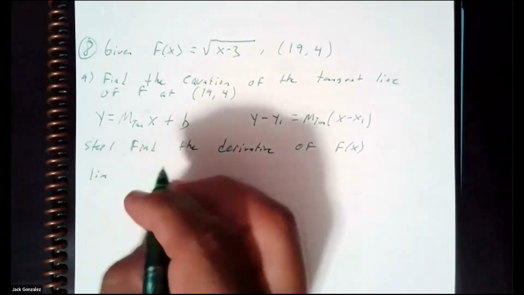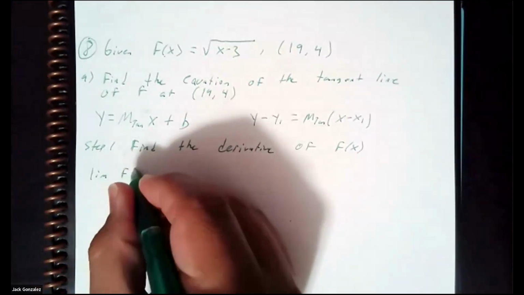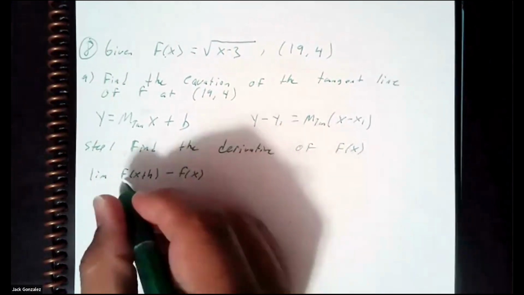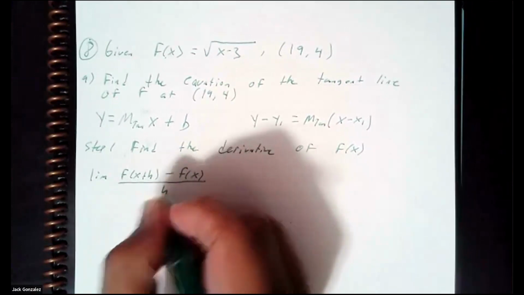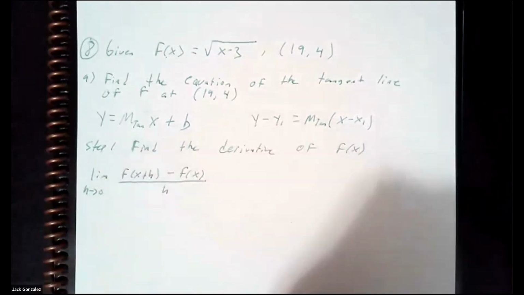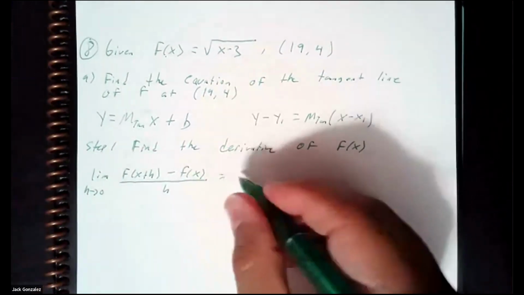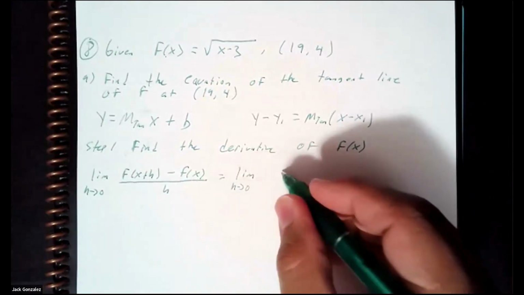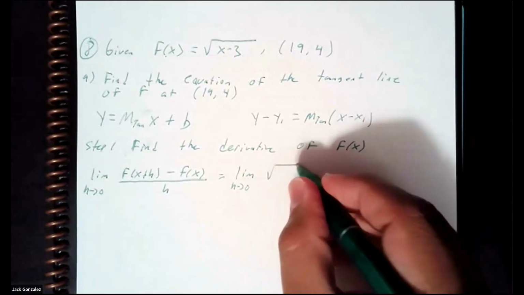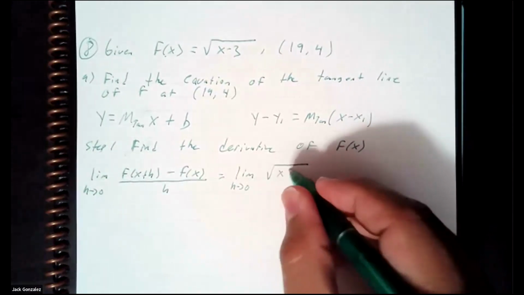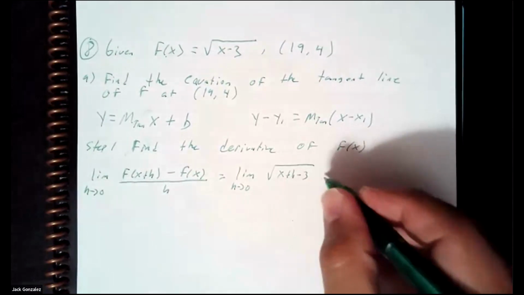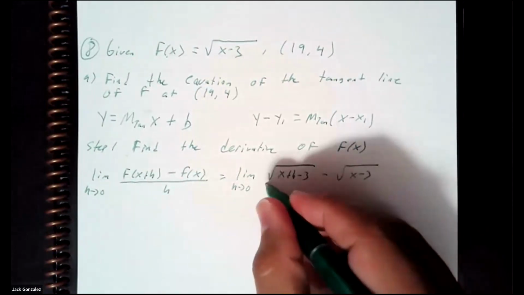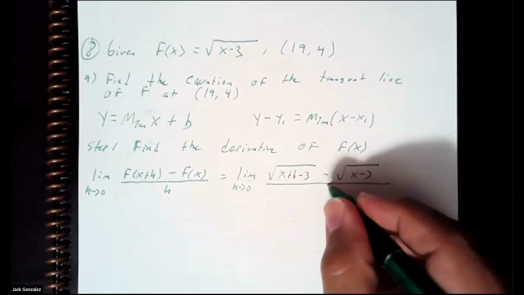So the limit of f of x plus h minus f of x over h is equal to the limit of the square root of x plus h minus 3 minus the square root of x minus 3, over h.